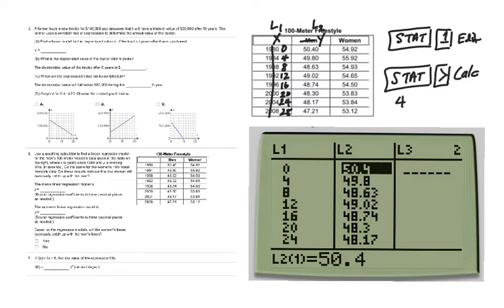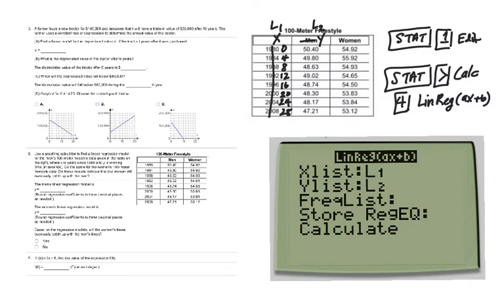And so choose 4. You'll see beside 4, LINREG parentheses AX plus B. Okay. This will give you a line that models the data that you've just typed in.